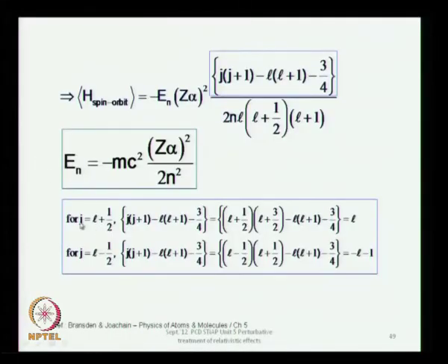So, depending on how j relates to L, whether it is L plus half or L minus half, this numerator over here in this blue box will have a different value.